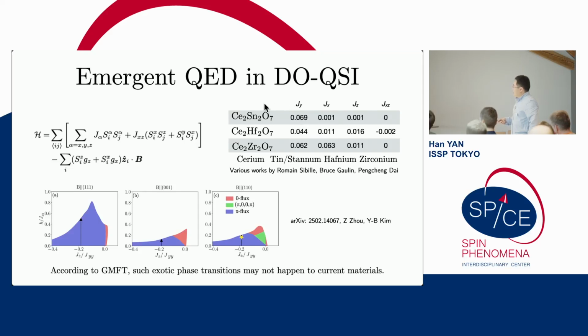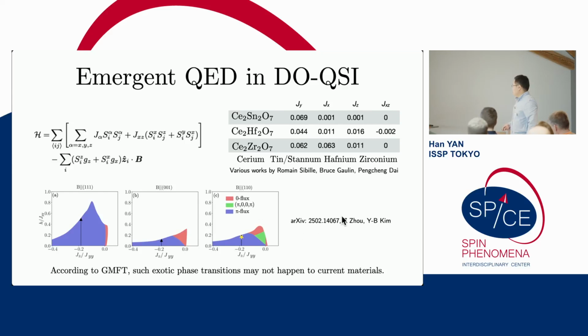Right, and finally, in terms of experiments, there are on the market 3 cerium compounds that are dipolar-octupolar quantum spin ice, or at least dipolar-octupolar pyrochlore spin systems.